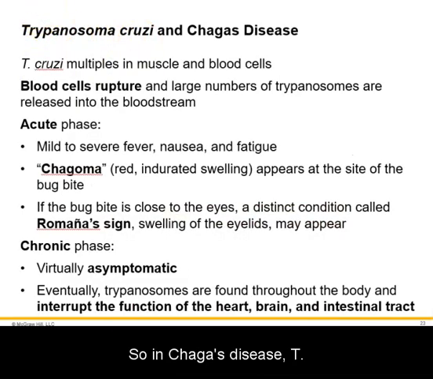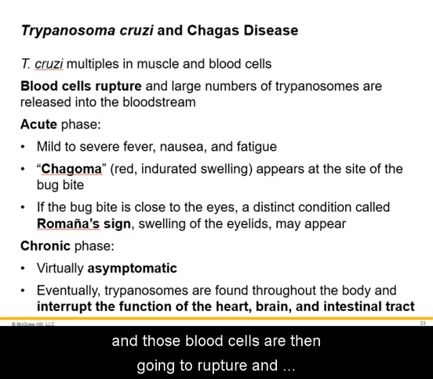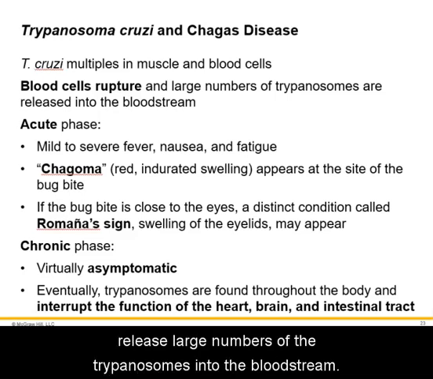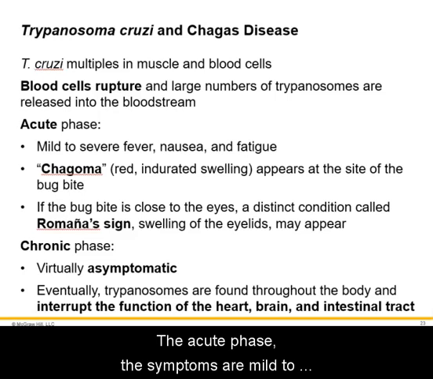So in Chagas disease, T. cruzi is going to multiply in muscle and blood cells. And those blood cells are then going to rupture and release large numbers of the trypanosomes into the bloodstream. There's an acute phase and a chronic phase. In the acute phase, the symptoms are mild to severe fever, nausea, and fatigue.